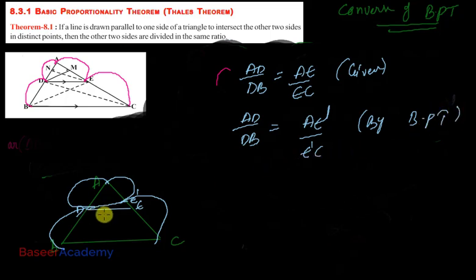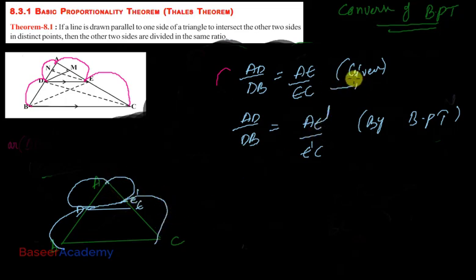If we prove this by contradiction, we say that if DE is not parallel to BC, then there should be some other line DE dash which should be parallel to BC. If DE dash is parallel to BC, then obviously the ratio of sides should be equal. AD by DB should be equal to AE dash by E dash C.